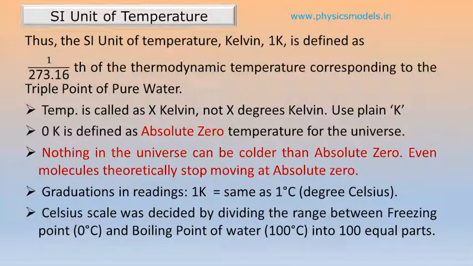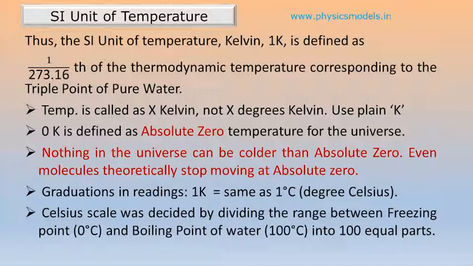Now, the triple point of water was given a number: 273.16 Kelvin. Therefore, the SI unit of temperature, that's 1 Kelvin, became 1 by 273.16 of the triple point of water, keeping the pressure, of course, at the right value.